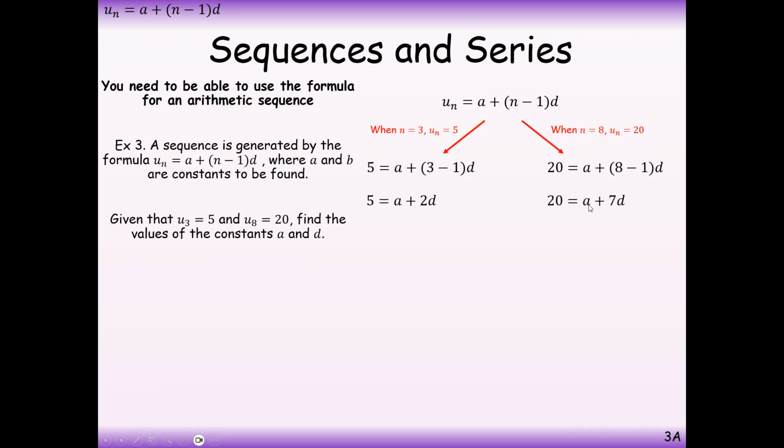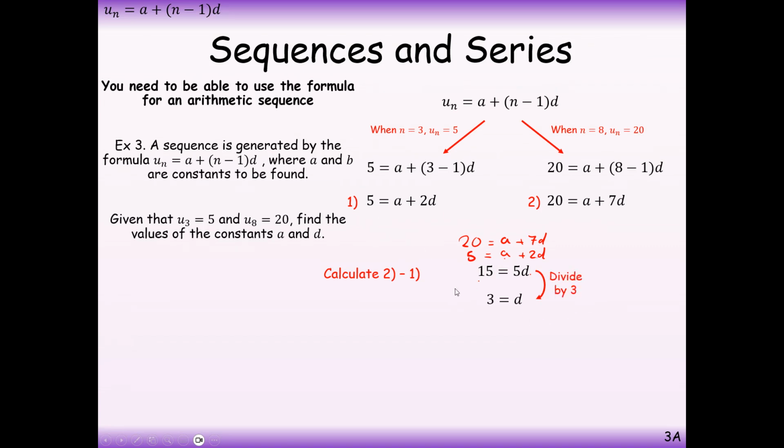You can say 20 is bigger than 5, therefore I'm going to subtract equation 1 from equation 2, subtracting 5 from 20. So when we subtract, the a's cancel away, we get 15 here, and 7 minus 2d is 5d. So solving for d, we will have d equals 3.